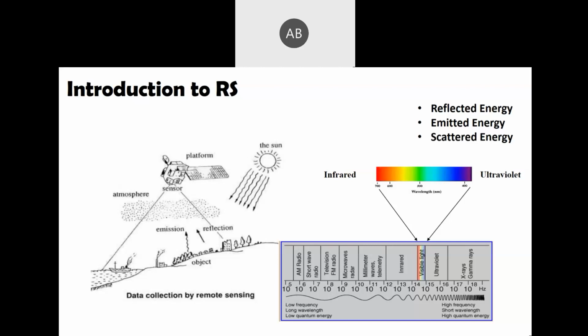So, sir, in between there are a lot of layers like the ozone layer, which is around 15 to 20 kilometers. So, do they disturb the energy reflected back to the sensor? Exactly, very good question. These layers, say aerosol particles, dust particles, or different gases present in the atmosphere, influence the property which is actually reflected back to the sensor.